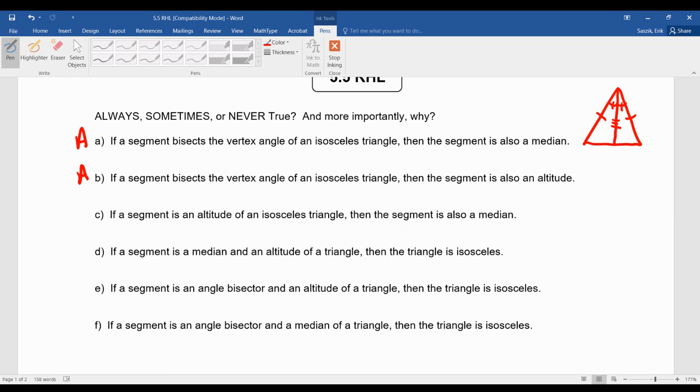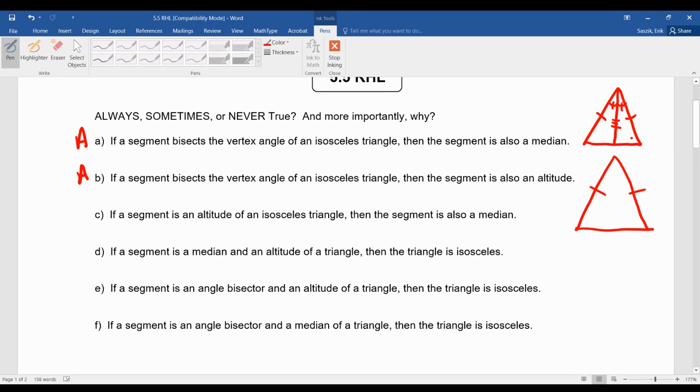Okay, the next one. If a segment is an altitude of an isosceles triangle, then the segment is also a median. Well, if you look at how I drew it here, then, well, hold on. Let me go right here. It says if a segment is an altitude of an isosceles triangle.